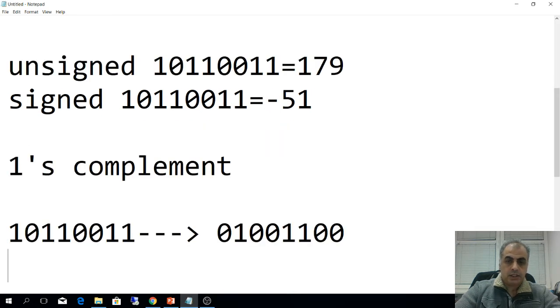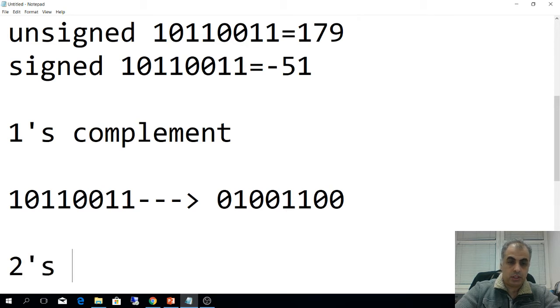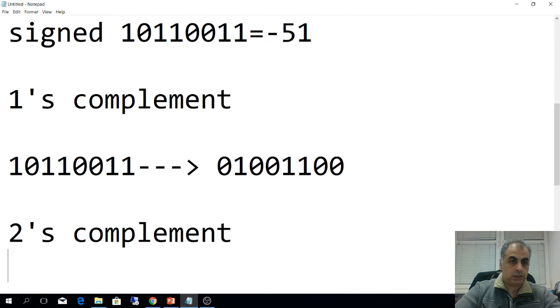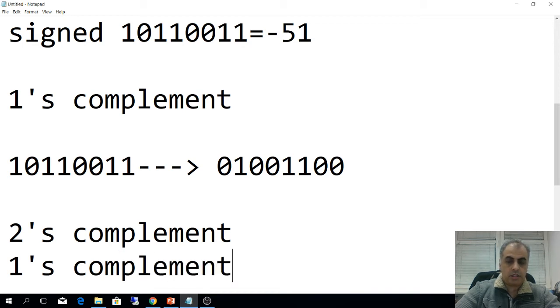Now if we calculate 2's complement, which is also easy, 2's complement is like this: 1's complement plus 1.